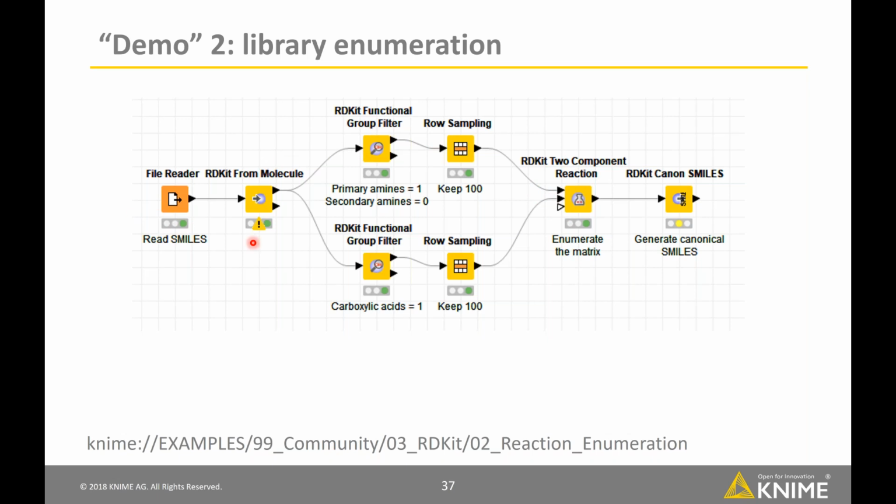So what I need to do is take the catalog that I have and filter it down so that I have amines coming at the top and carboxylic acids at the bottom. And I'd also like to remove things to clean stuff up a little bit. So I start using this RDKit functional group filter. For the top branch, I say I would like to have, let me show you what that looks like actually.